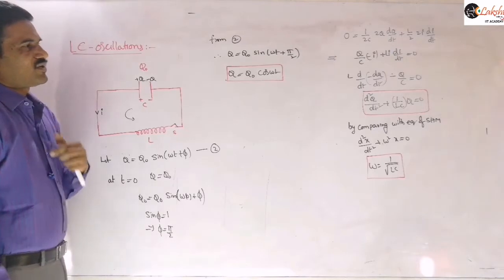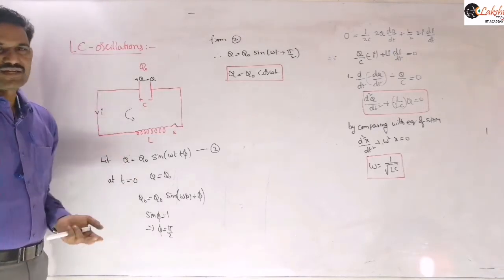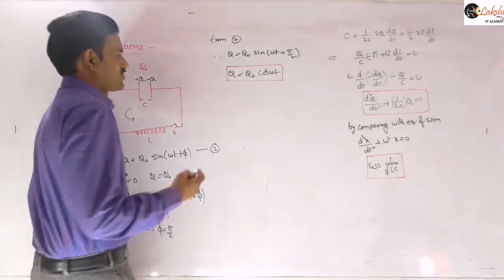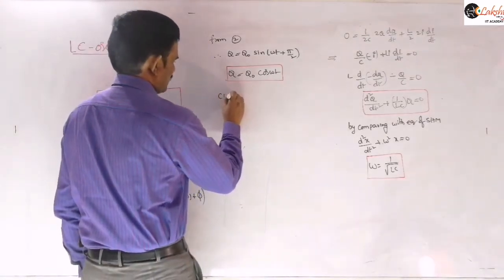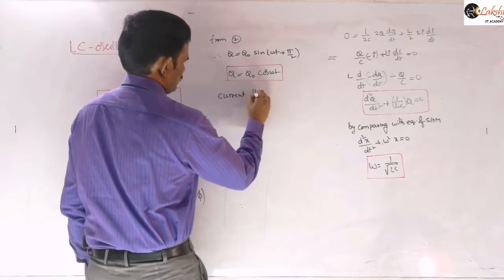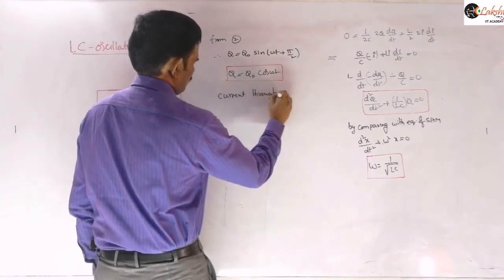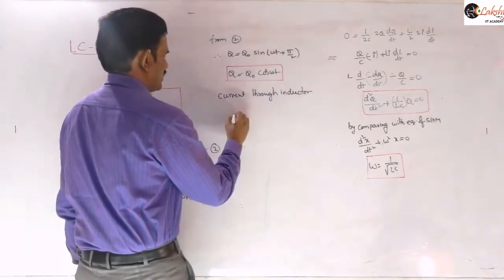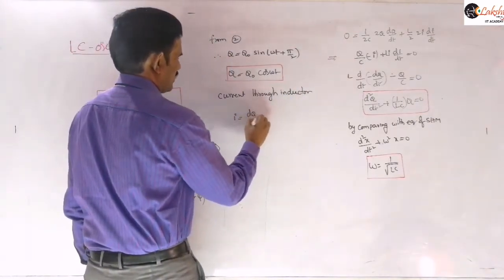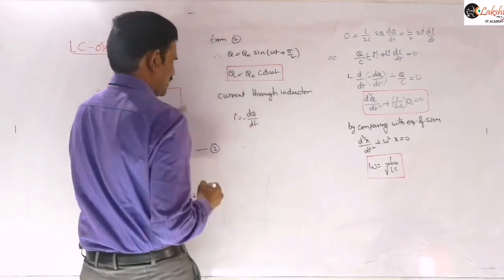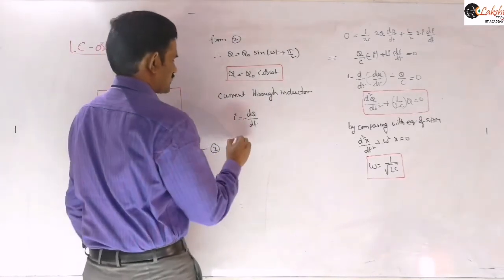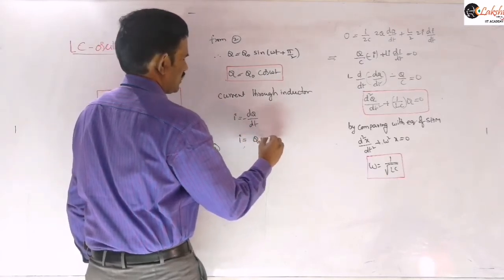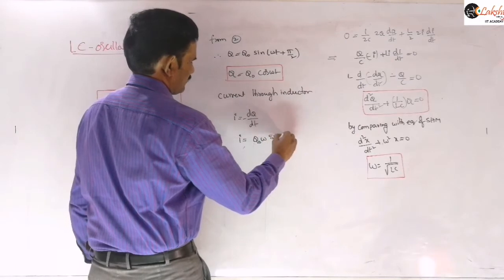And then from this we can write the current passing through that circuit at any instant. So the current through the inductor, I = dq by dt or minus dq by dt. If I write that expression, it is q naught into omega into sine omega t.